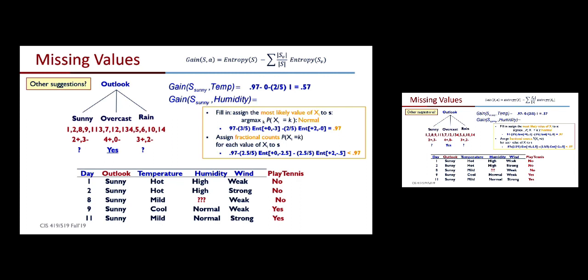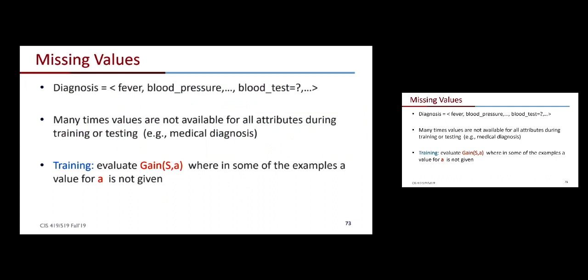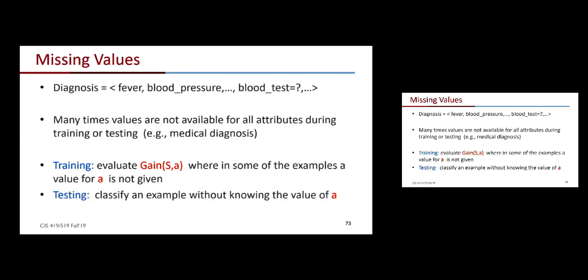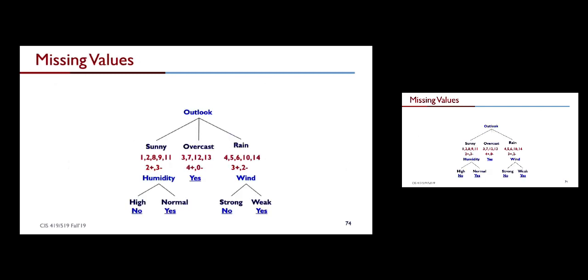Other questions? Yeah. At test time, if you have a missing value, what do you do? Okay, so at test time, what do we do? Now we want to classify an example without knowing the value of the attribute. So again, this is the tree. We already learned it. We're given an example here, and again, humidity is missing. So given this example, we're going to run down the tree.